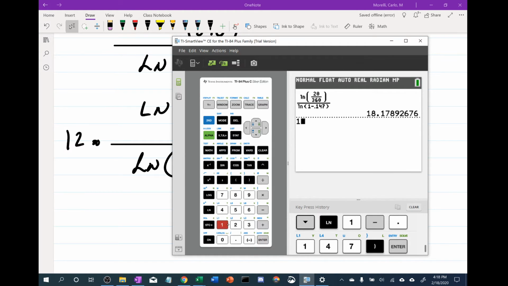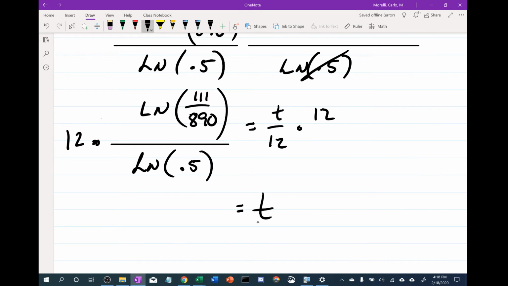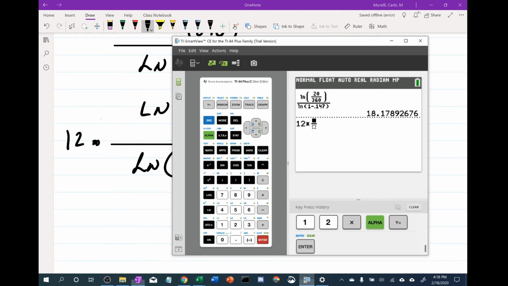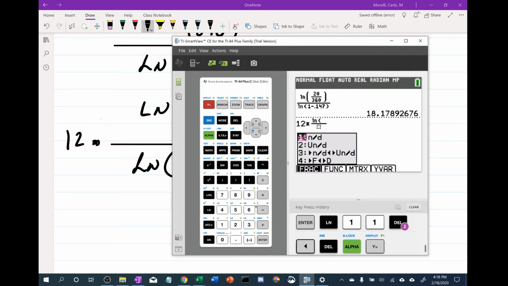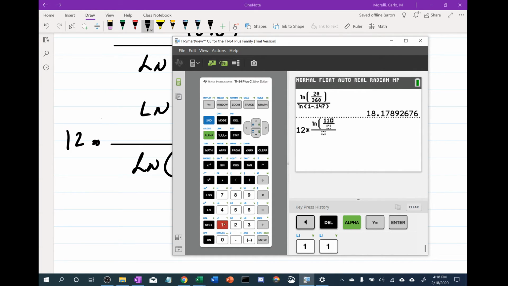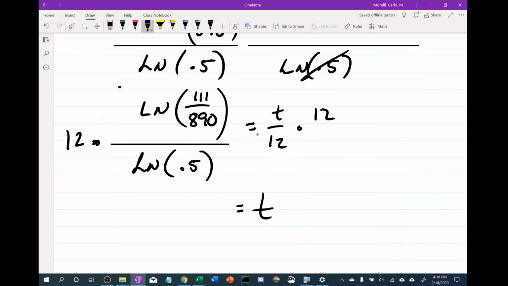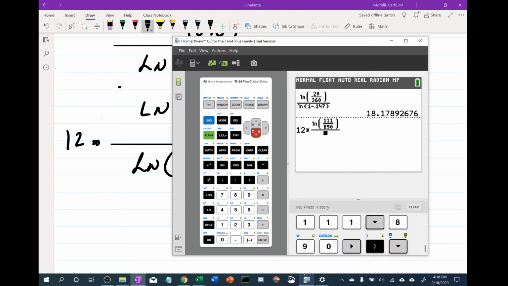We're going to hit 12 times alpha y equals enter, and then we got to put in the ln of 111 over 890 on top. So ln of 111 over 890, close parentheses, and then down on the bottom, it's ln of 0.5.